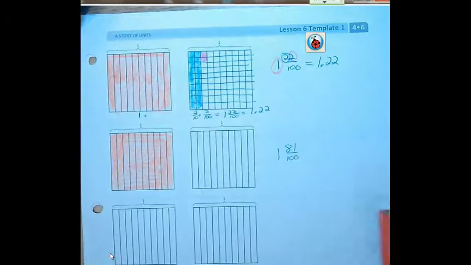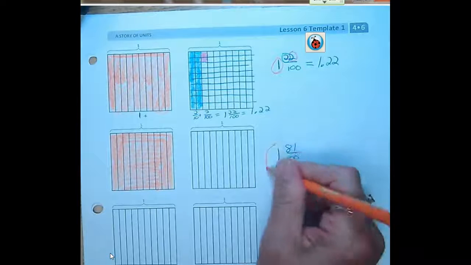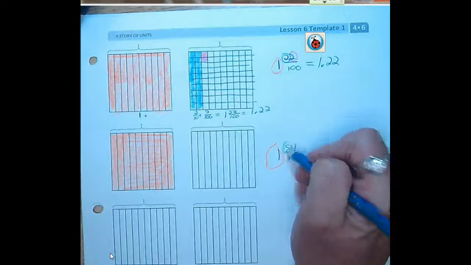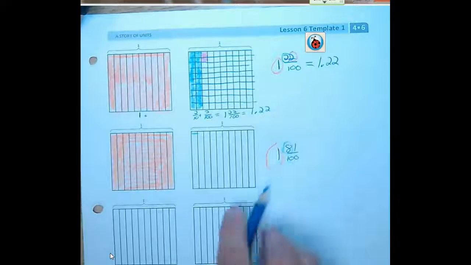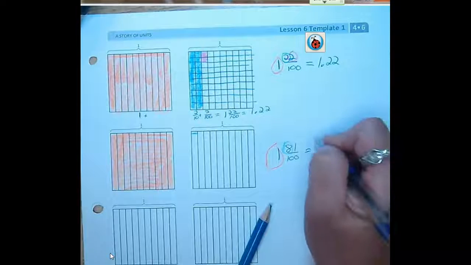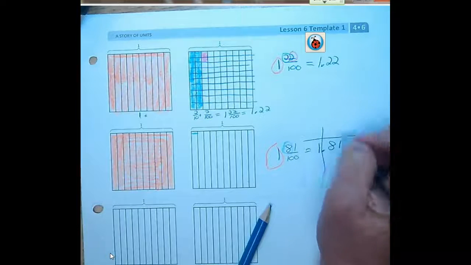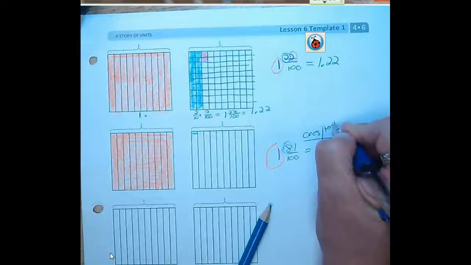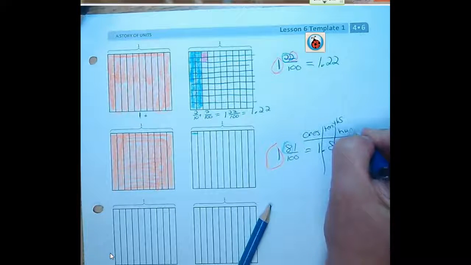That's my 1. I need to shade in 8 tenths because there's an 8 in the tenths column. If I rewrote my number, I would have 1.81. And if I used a place value chart, this would be ones, this would be tenths, and this would be hundredths.